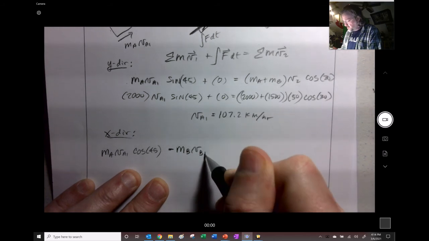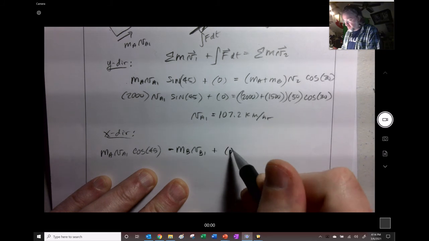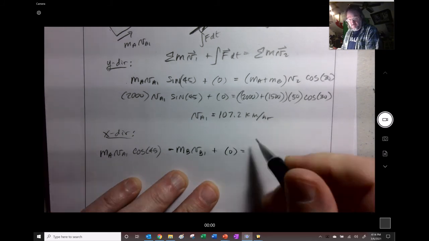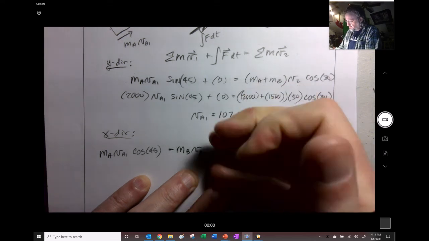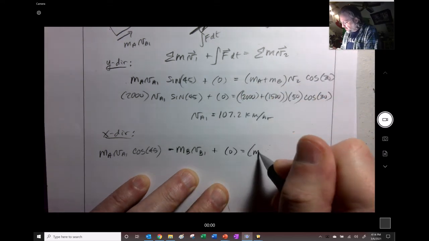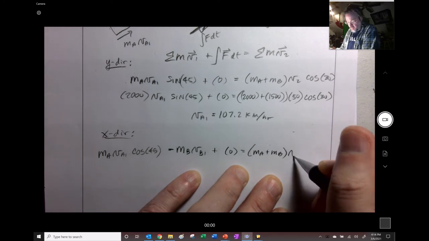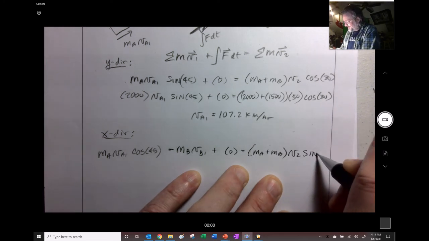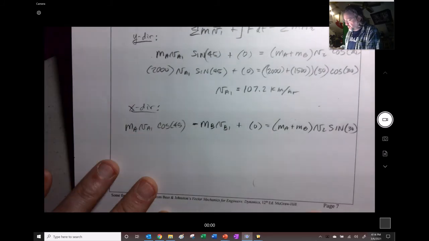The entirety of his velocity is in the horizontal direction, and there's no impulse, so I put it out there as a placeholder. And then we have (MA plus MB) times V2 sine of that 30 degrees, and then plug the numbers in.